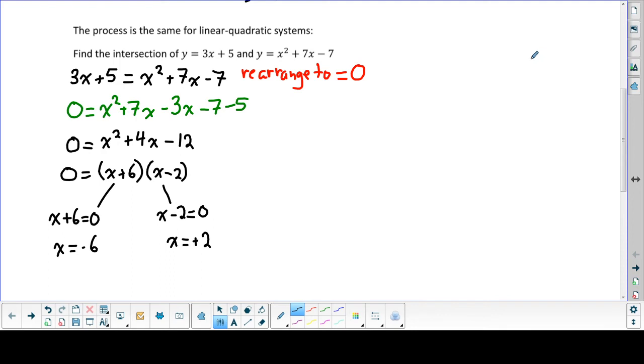So we got a positive parabola, so it opens up something like that. And we got some positive slope line. So if I draw a positive slope line, well, look at that. Yeah, they would intersect twice, right? So we have an intersection here and an intersection here. So that's why when we're solving this, we're getting two answers, because a line and a quadratic intersect twice.